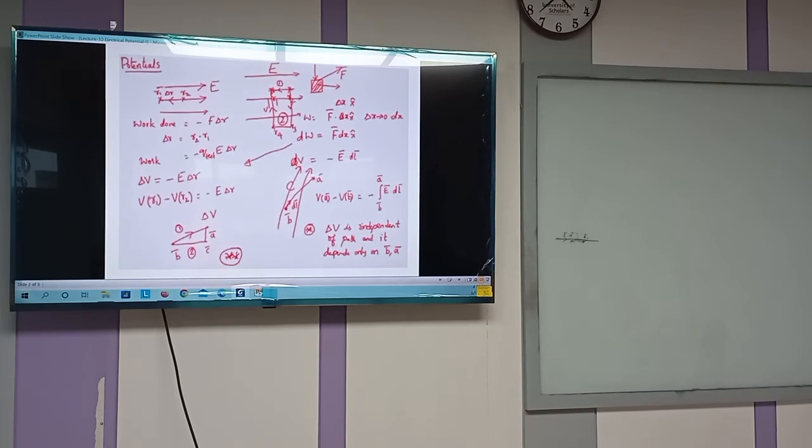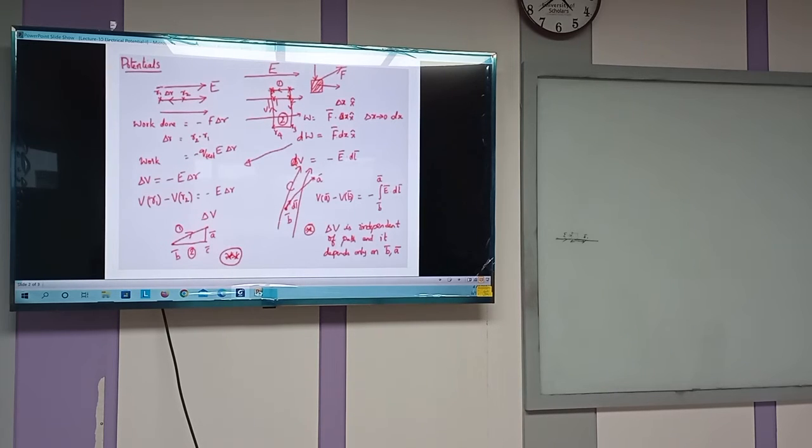So, in essence, what we are getting from the equation is not the absolute potential, but the potential difference between R2 and R1.